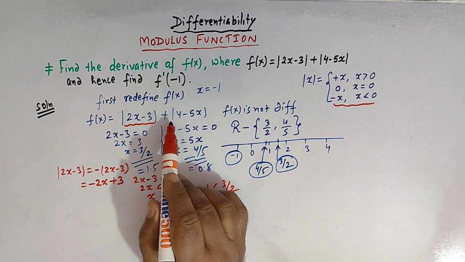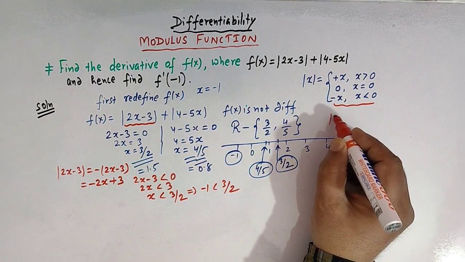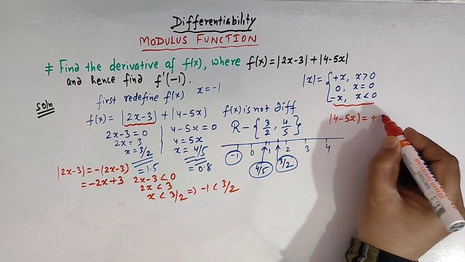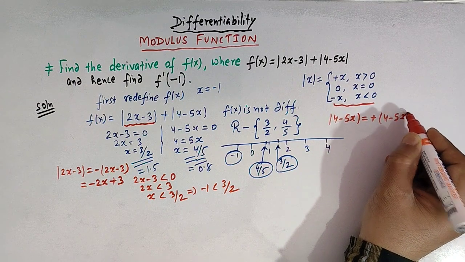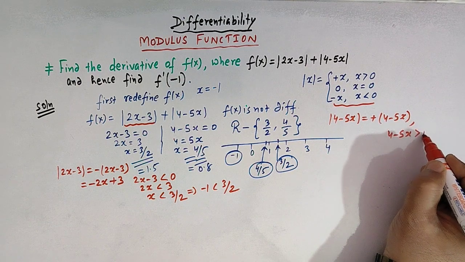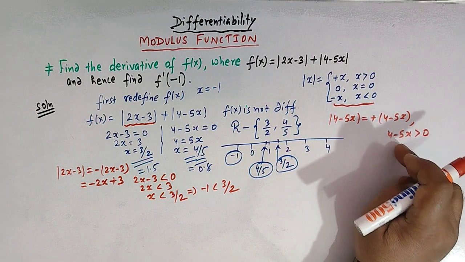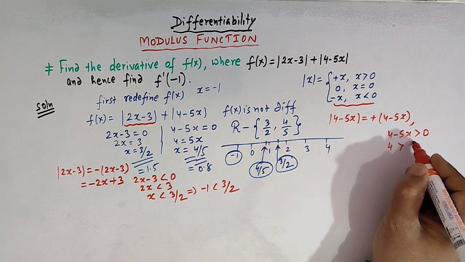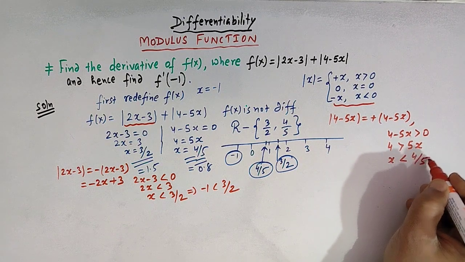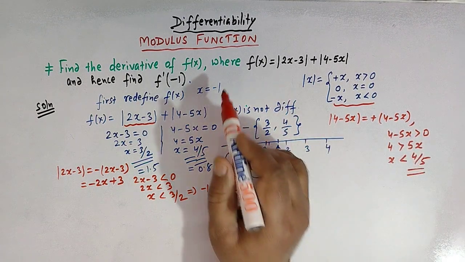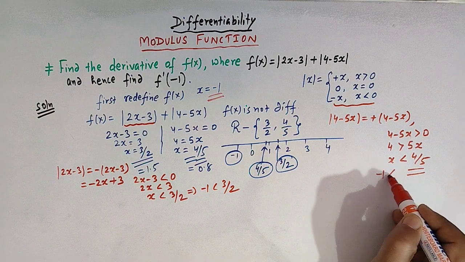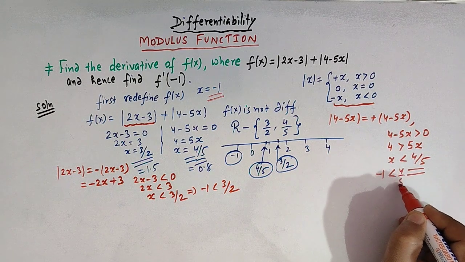Now let us take mod of 4 minus 5x. Mod of 4 minus 5x is equal to positive 4 minus 5x whenever 4 minus 5x is greater than 0. This inequality gives us 4 is greater than 5x, so x is less than 4 over 5. And here we have x is equal to negative of 1, and obviously negative of 1 is less than 4 over 5.